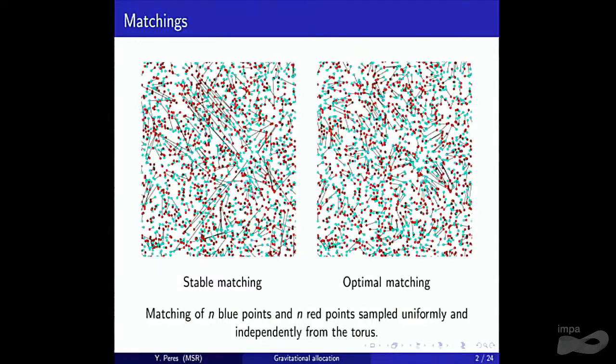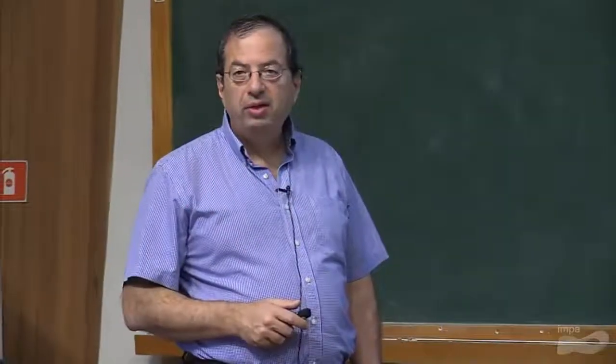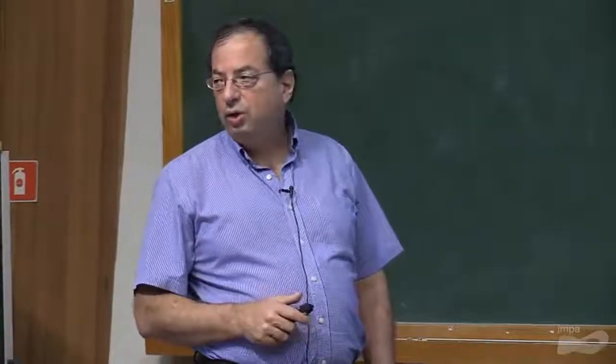And in this case, it coincides with the greedy matching. So that's why it's called stable. So analyzing the average length here is another open problem that I want to emphasize, and I'll come back to it during the talk. The optimal matching one can obtain by an algorithm. This is known as the Hungarian method, which is order n-cubed operations.